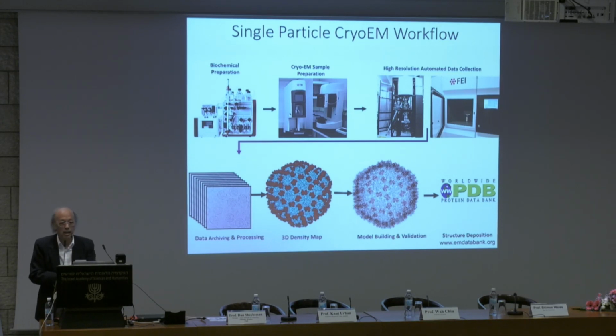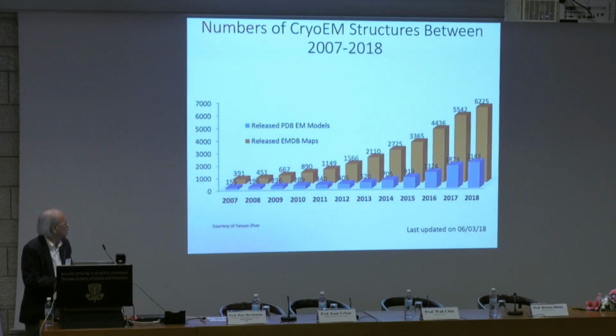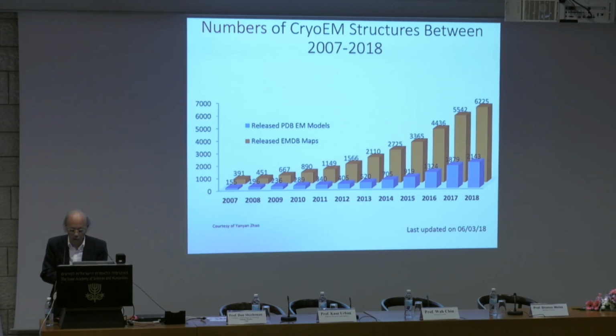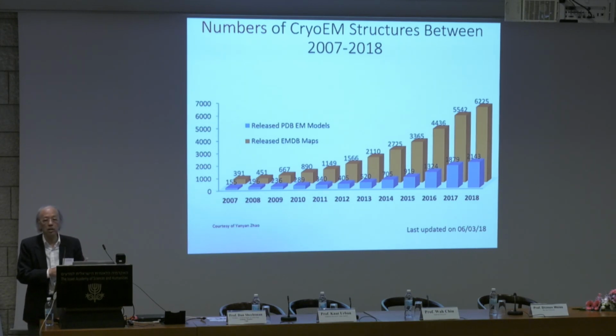So now, where is this field right now? Here is the statistic for the last 10 years of all these cryo-EM maps and structures deposited in the public database, and we have now reached about 6,000 structures deposited. Among these, the resolution of the cryo-EM structures varies from 100 angstrom to around 2 angstroms.